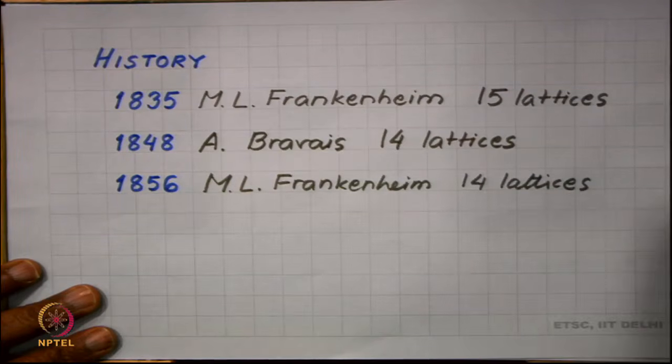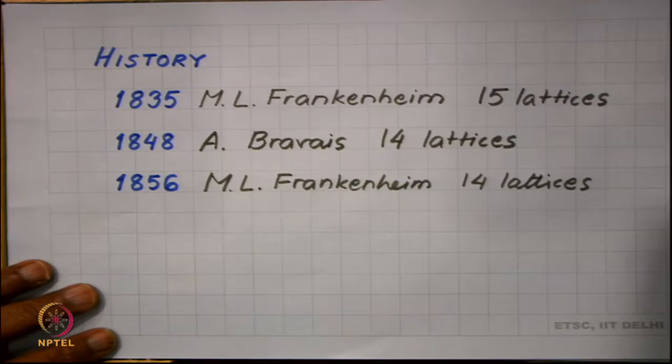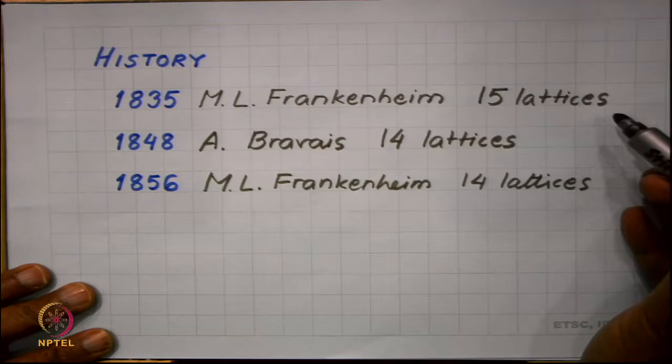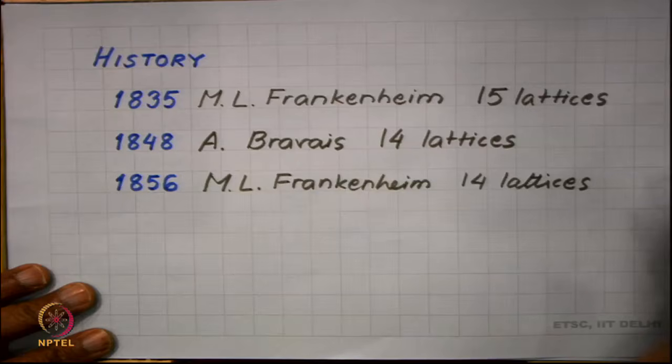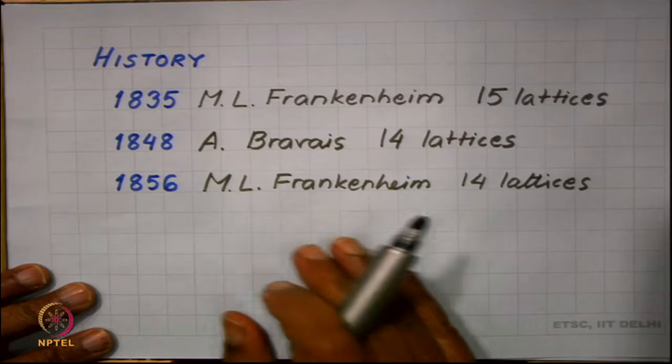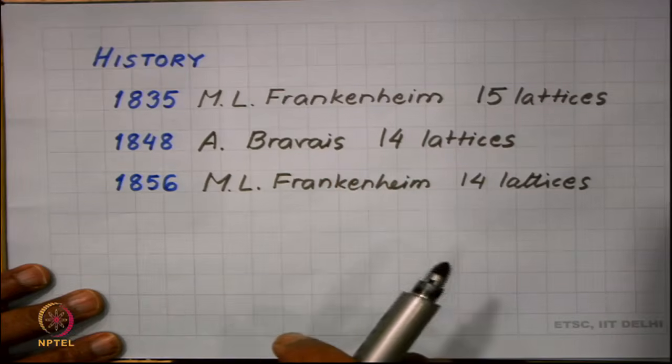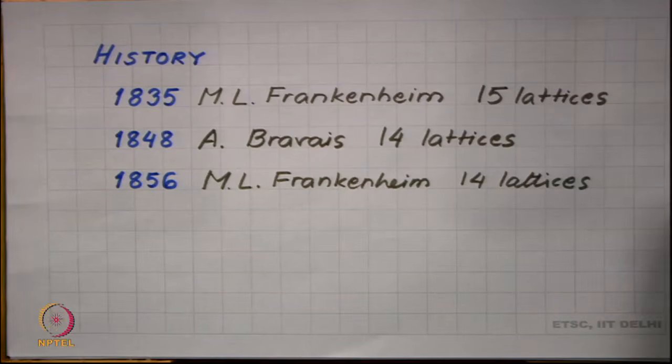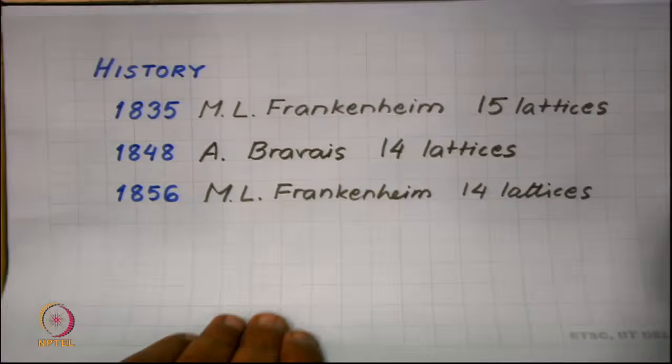But as you know, now we call these lattices Bravais lattices and not Frankenheim lattices because of his earlier mistake. So, history can be very harsh sometimes, and maybe the credit should have been shared between the two discoverers and the lattice could have been called a Frankenheim Bravais lattice.